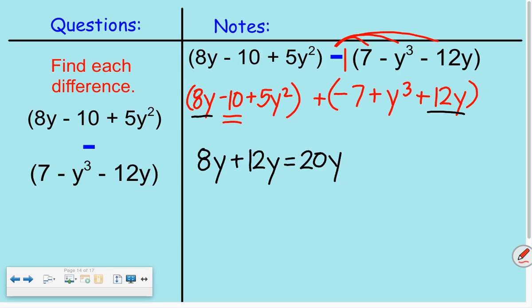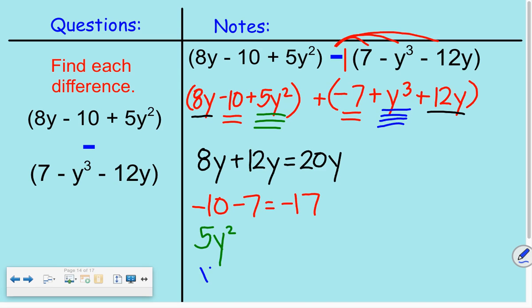Negative 10 and negative 7 make negative 17. 5y squared can't be combined with anything. And y cubed can't be combined with anything. So biggest exponent is y cubed, then 5y squared, then 20y minus 17.